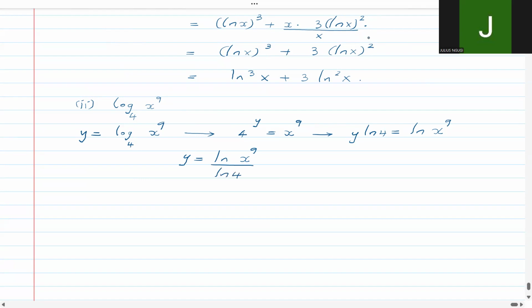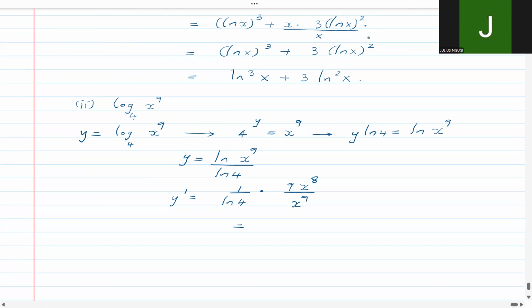So the derivative y prime should equal, the constant is 1 over natural log of 4, multiplied by the derivative of natural log of x to the power of 9. And the derivative of natural log of x to the 9, as we said in class, is the derivative of the function inside the natural log, that is 9x to the power of 8, divided by x to the power of 9.